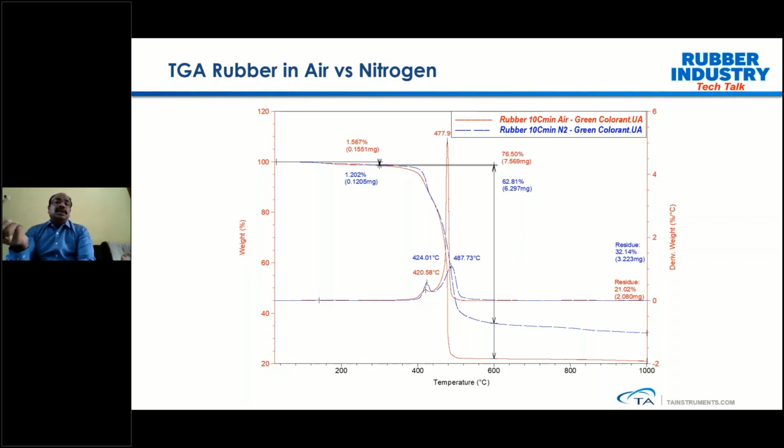Also, the gas switching has to be very fast and efficient. This analysis shows how the atmospheric condition of either air or nitrogen has an impact on the decomposition kinetics.